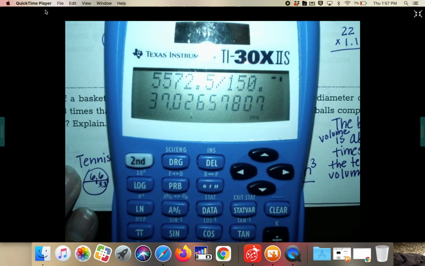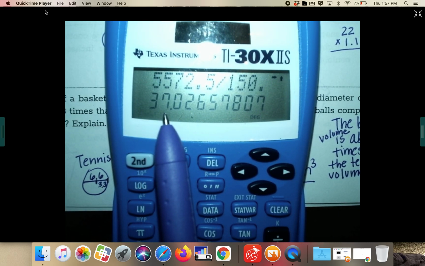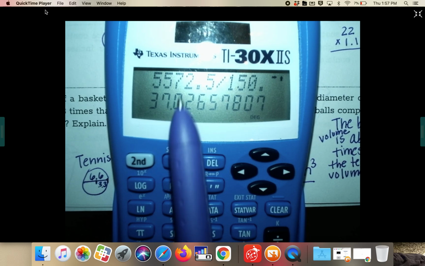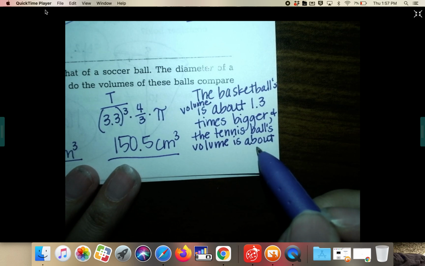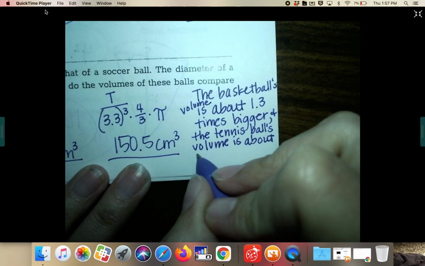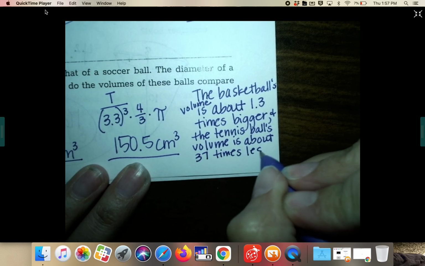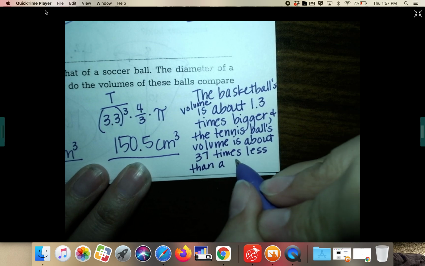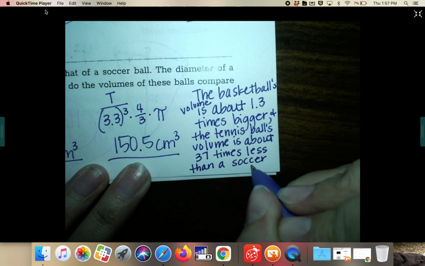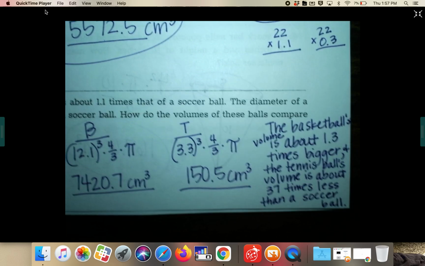Oh man, our soccer ball has a volume of about 37 times more. So the tennis ball's volume, we could go ahead and say, is about 37 times less than a soccer ball. Okay, and that is a very good comparison of the 3 volumes.